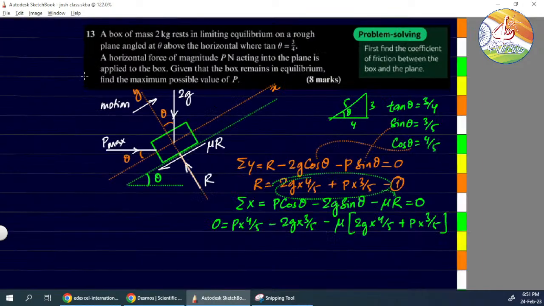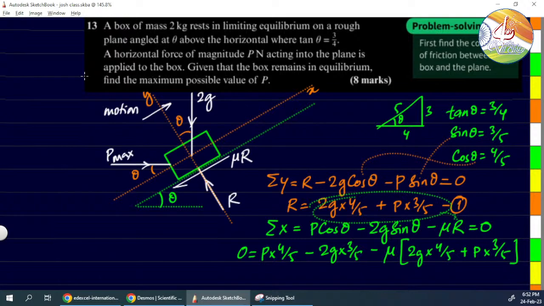So three unknowns need to be found here. We are getting only two equations and we have to find three unknowns. How are we supposed to find that?